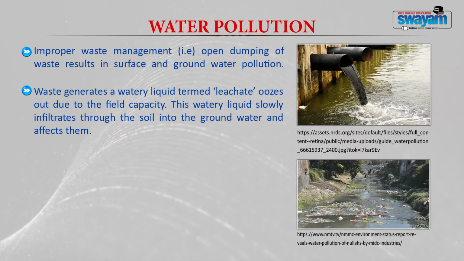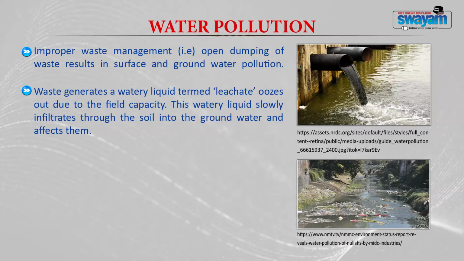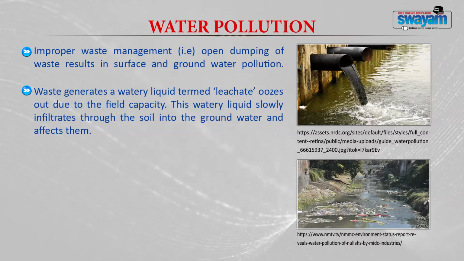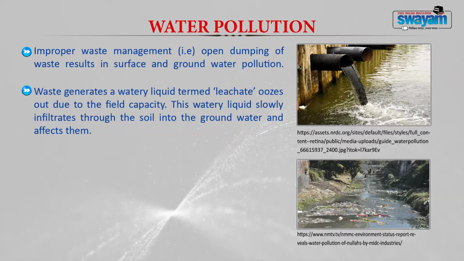Now this leachate will ooze out depending upon the field capacity, how much water the biodegradable material is able to hold. Slowly it will come out of the waste material, infiltrate, and reach the soil. Through the soil as the medium, it will slowly percolate with time, reach the groundwater, and affect the groundwater quality.